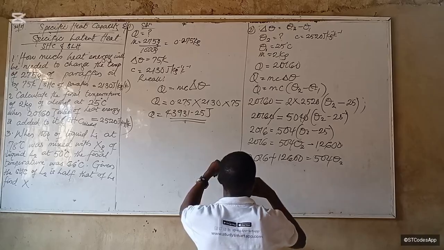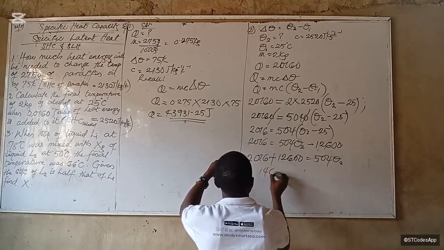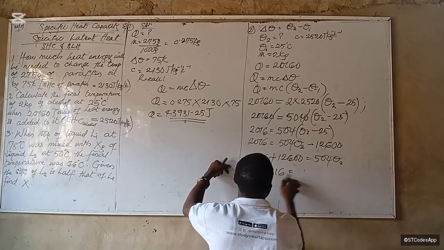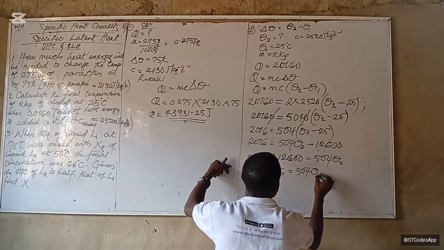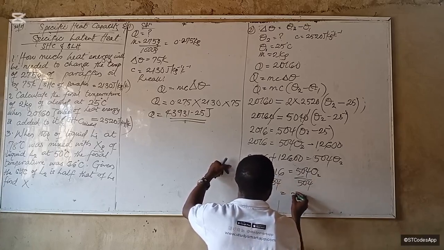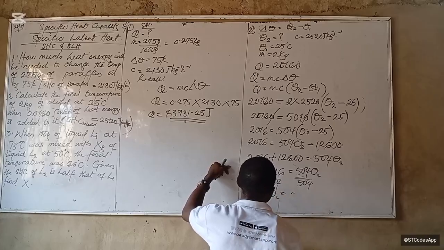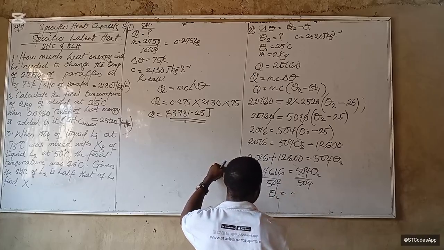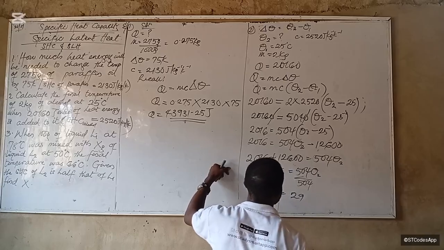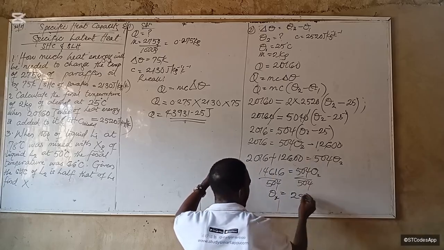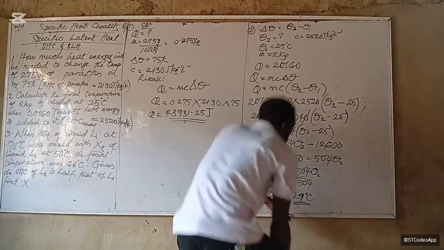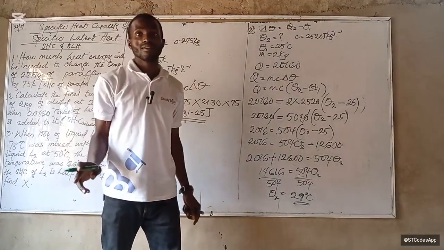So we have this plus this, 14616, is equal to 504 theta 2. Divide both sides by 504, and you have 29. That's all. 29 degrees Celsius, so that is theta 2. Is it simple, right?